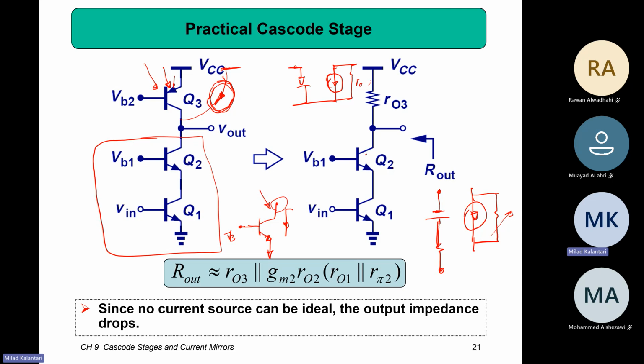But we want something that sources the current to the bottom device. The NPN device actually sinks the current, but to bias this bottom block, we need a current source that sources the current.